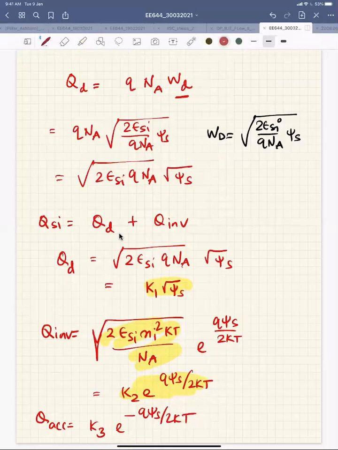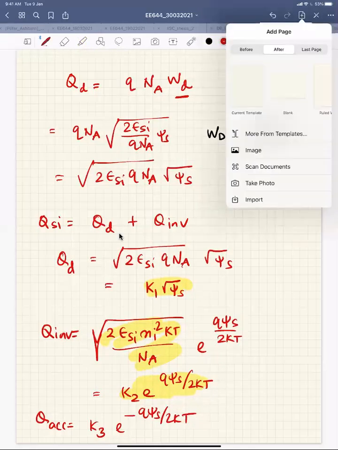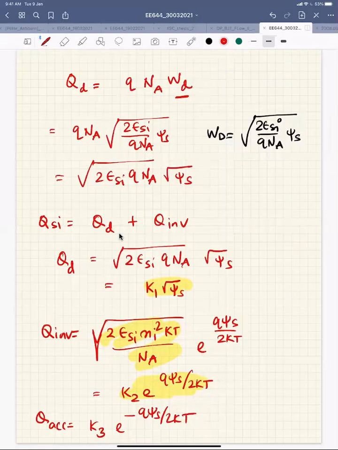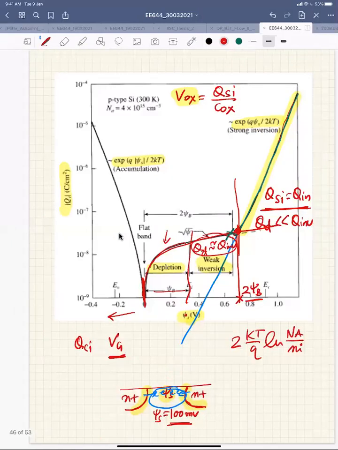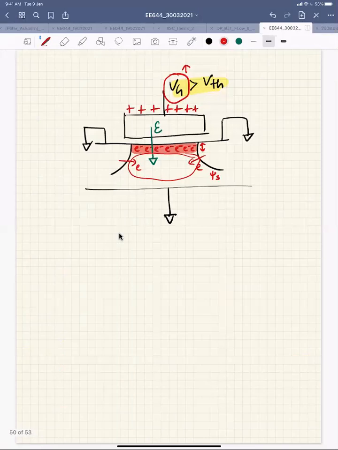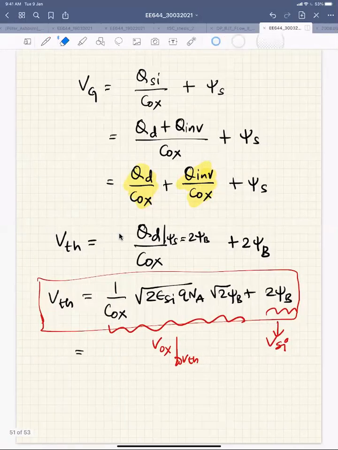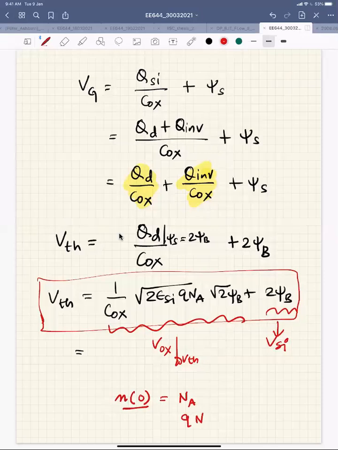I'll explain. At threshold voltage, your number of electrons at the surface, x equal to 0, will be equal to Na. But the depletion charge is Q times Na times Wd.